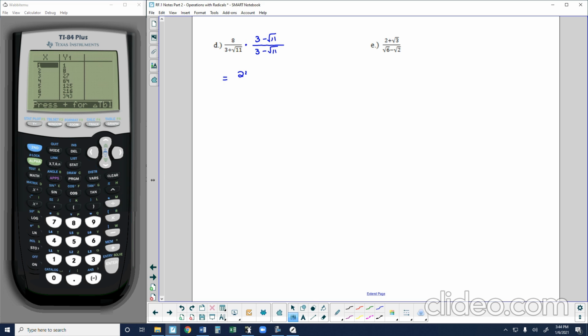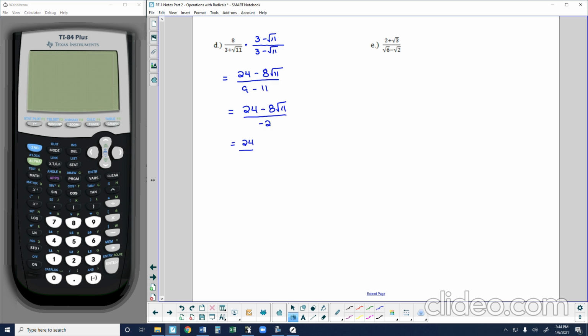So that would be 24 as I distribute. 8 times 3 is 24. 8 times root 11 would be 8 root 11 in the numerator. In the denominator, it's the difference of two squares. So 3 squared is 9. Root 11 squared is 11. I can simplify this further. 24 minus 8 root 11 over 9 minus 11, which would be negative 2, which I can simplify further.